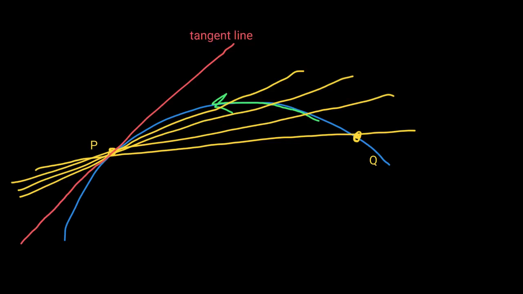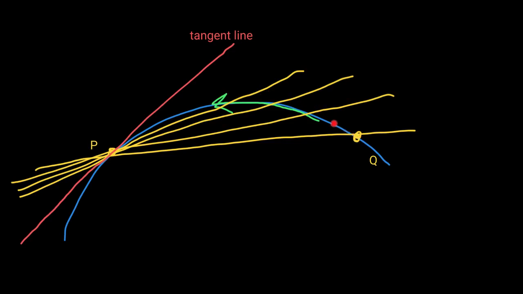Now, what's really important to note is we're going to say that this tangent line to the curve at point P is a line whose slope is the limit of the secant line slopes.